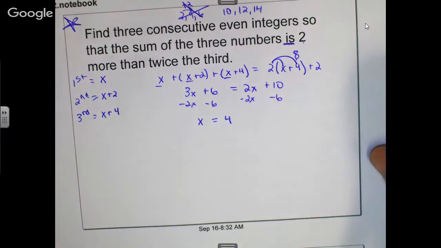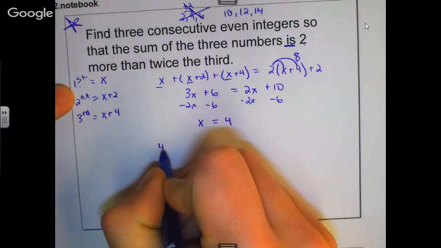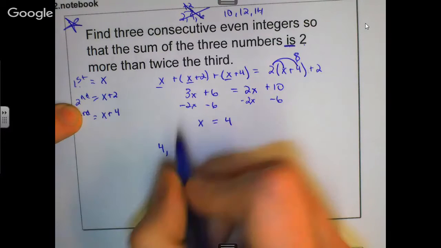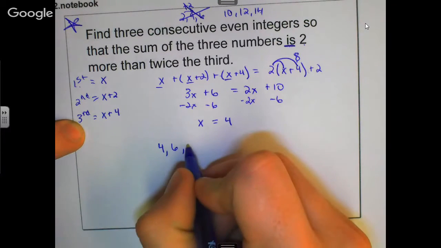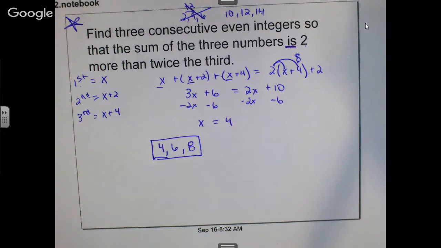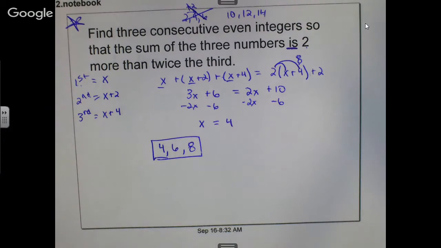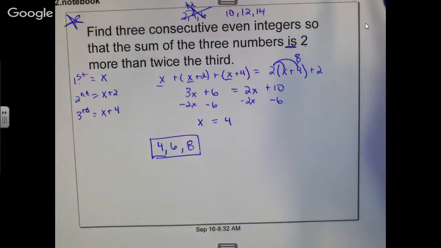So x is 4. So 4 was my first number. My second number is 2 more. And my third number was 4 more. So there's my 3 consecutive even integers. Okay. Now let's talk about this, because we can do a couple other different types of problems with this.